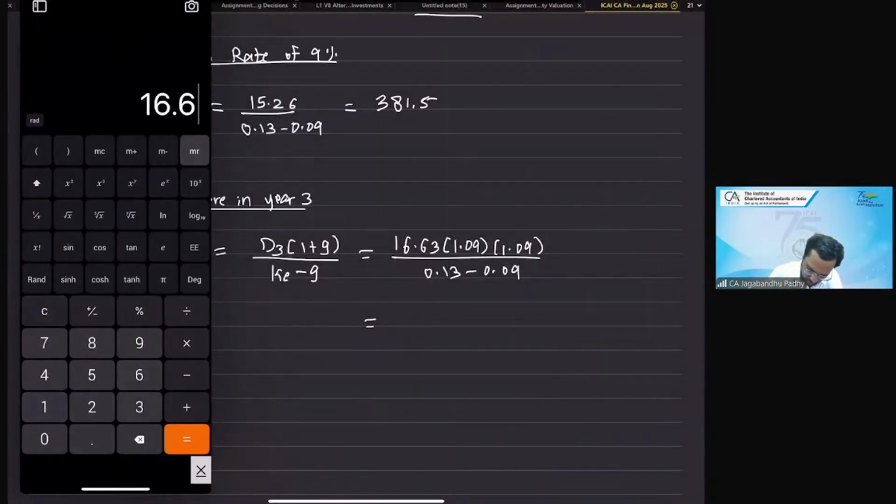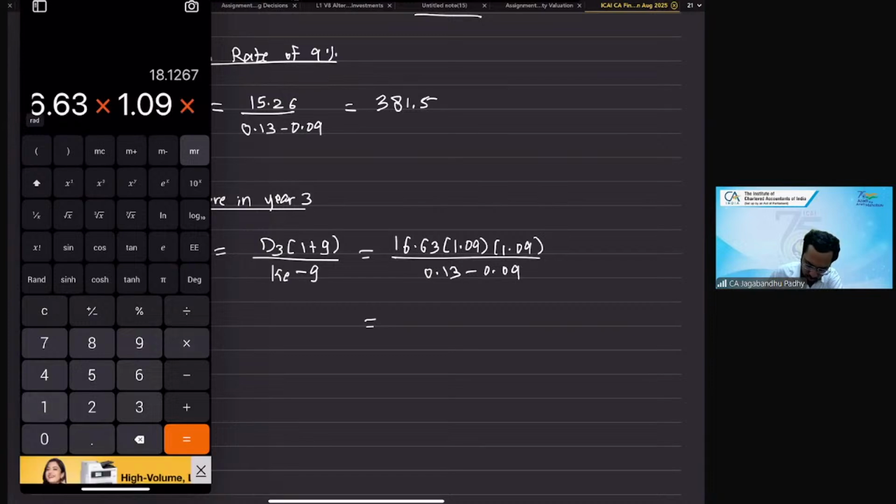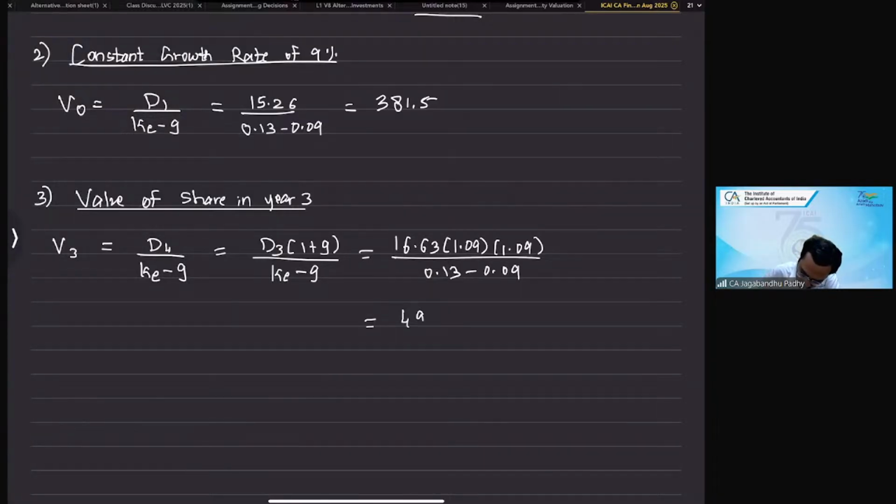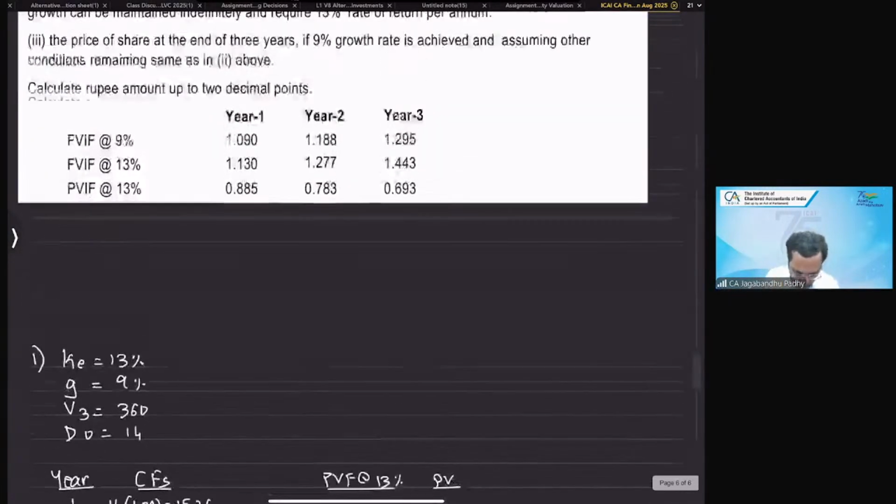It's going to be 16.63 into 1.09 into 1.09 divided by 0.04, which is 493.95. Yes, sir. Okay. Perfect. Are we done, guys? Okay, 493.95. That's part 3 of the question.